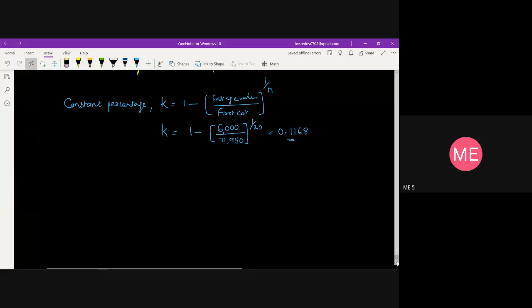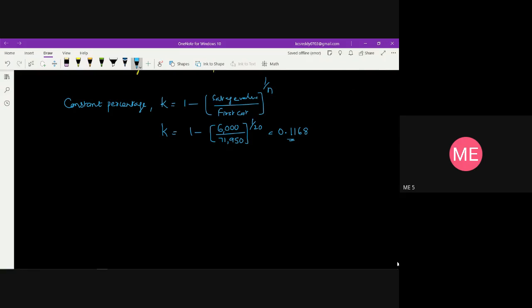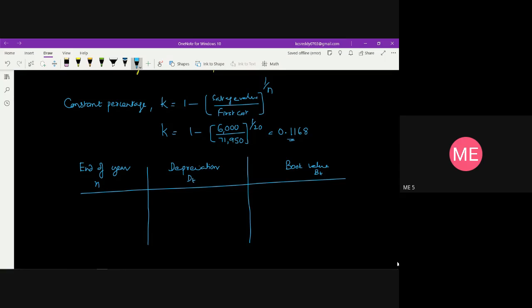Right, now for example, at the end of the first year, after knowing this K value, I'm going to calculate the depreciation, which is DT, and the book value, that is BT, for each year under consideration. Now this is asked for 5 years, so we need to calculate for 5 years.